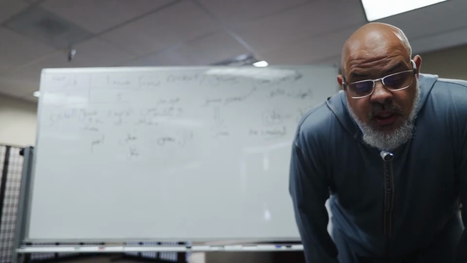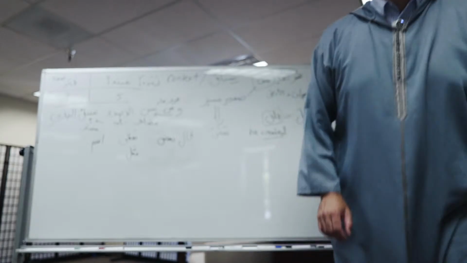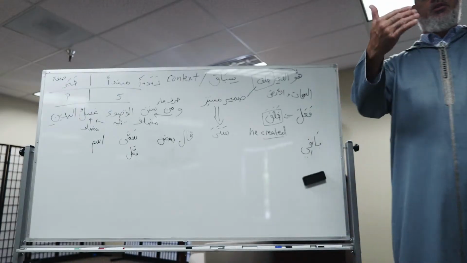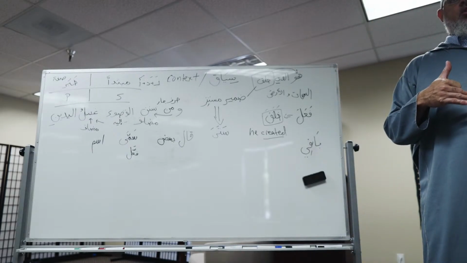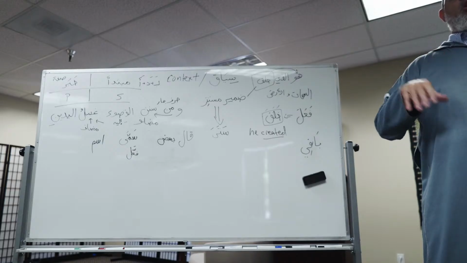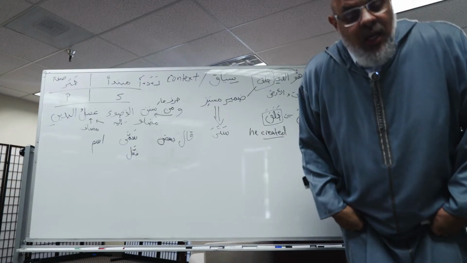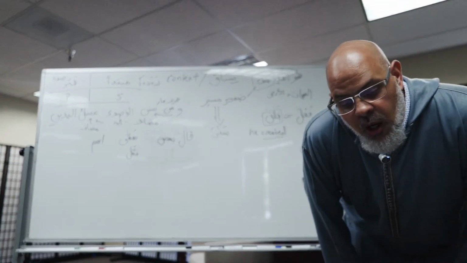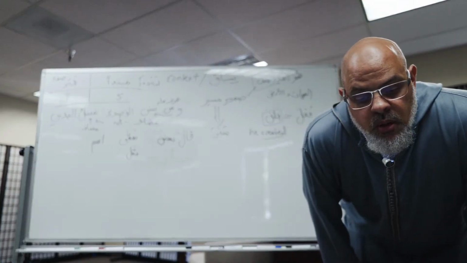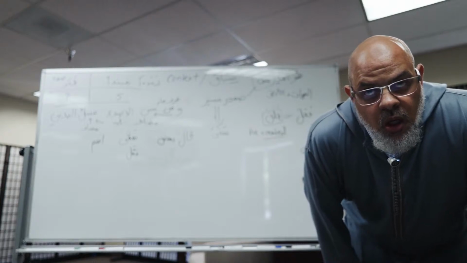فإن كان قد بال. What is bala? Bala is a verb. What is bawl? Bawl is urine and bala is to urinate. So, فإن كان قد بال, so if you urinated, أو تغوط.